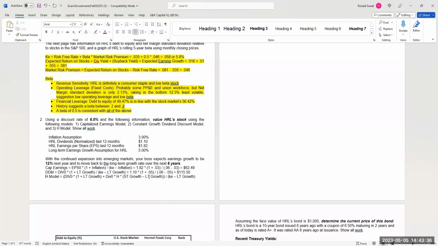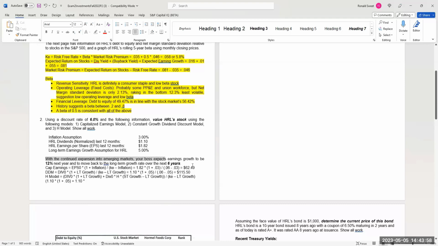And then the H model. We do dividend 0, 1.10, just like we did in the dividend discount model. The first part, 1.1 times 1 plus 0.05, plus, and then we're going to add that middle section, 1.10 times H. What's our H?